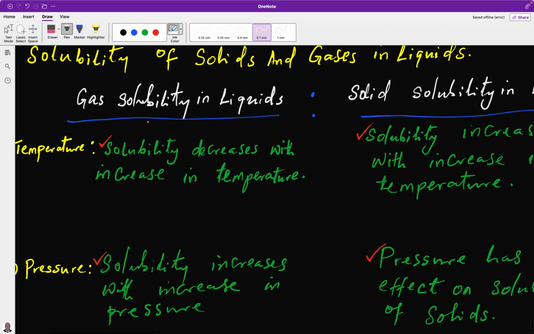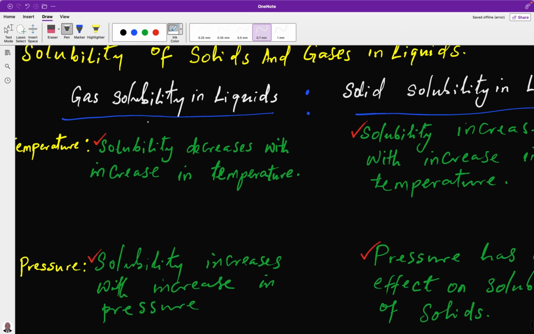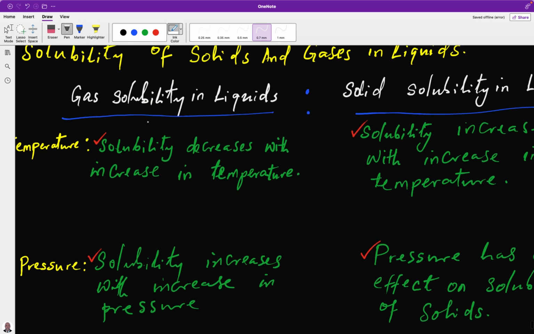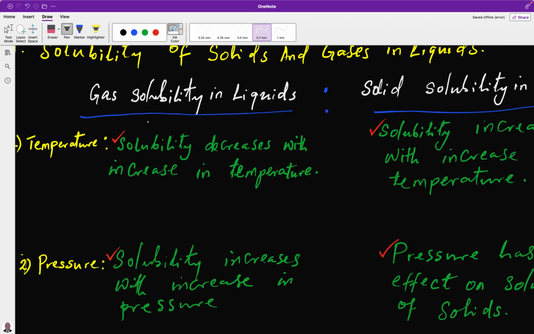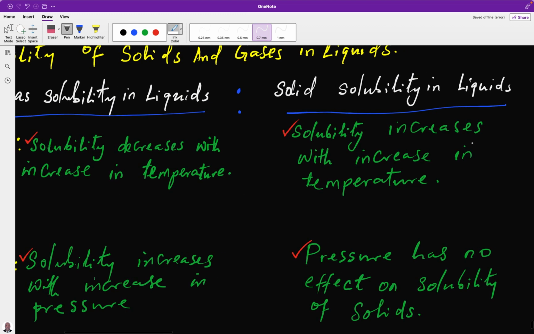First, temperature. For gases, solubility decreases with increase in temperature. But for solids, solubility increases with increase in temperature.